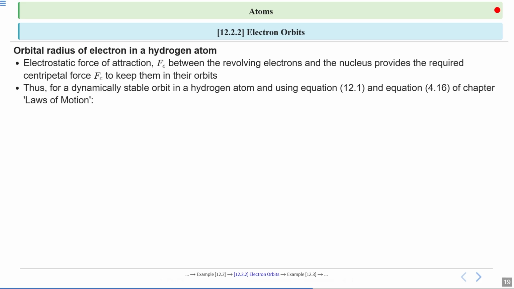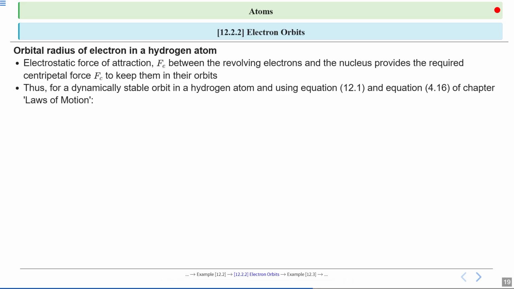For the electron to stay in a stable orbit, these two forces, the electrostatic force and centripetal force, must be equal. This is the key idea in atomic physics. We can use equations from earlier chapters, specifically the ones for electrostatic force and centripetal force, to set up this relationship.